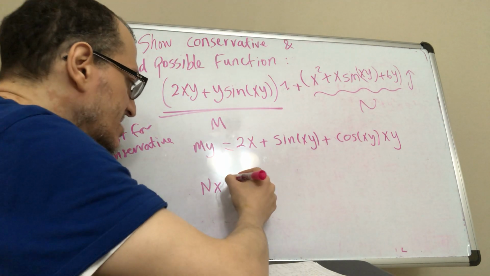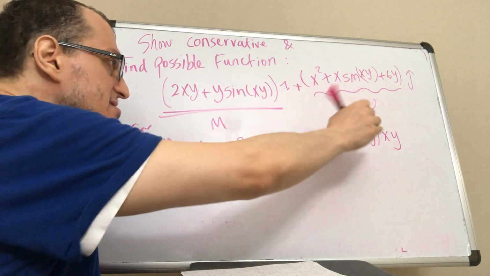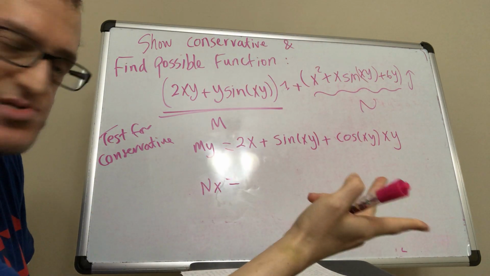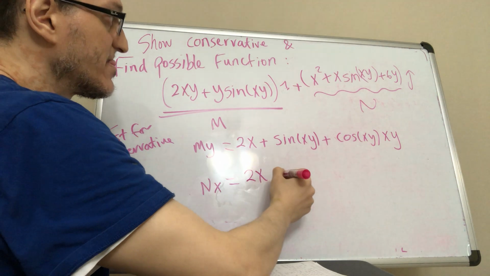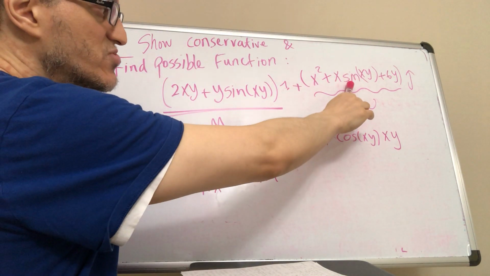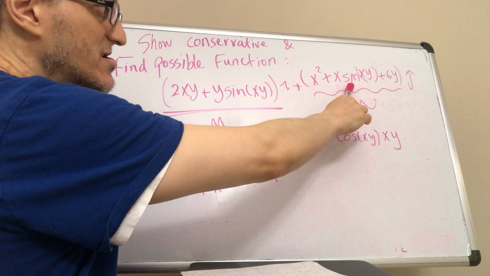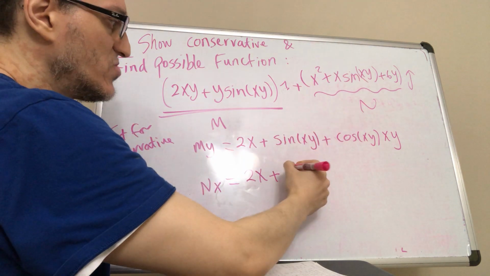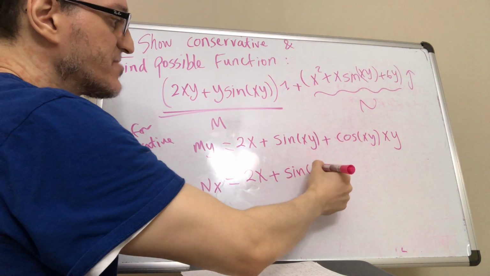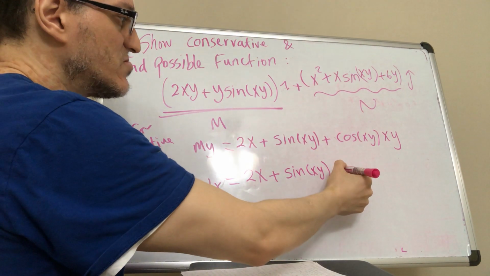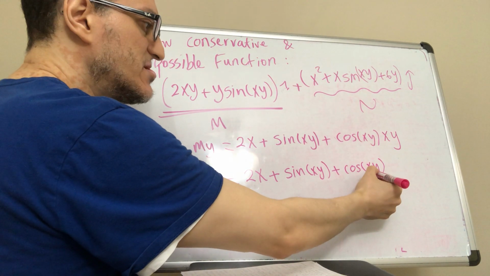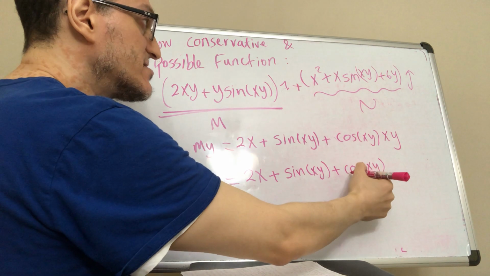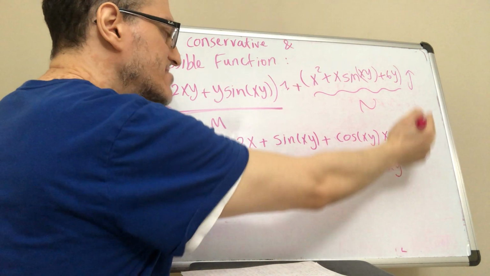So we need to find the derivative for this now in the opposite direction with respect to x. Derivative of this is 2x. Derivative of this with respect to x, again product rule. Derivative of the first one is 1, so times the second one. Derivative of the second one times the derivative of the inside, y, times the second one, xy.